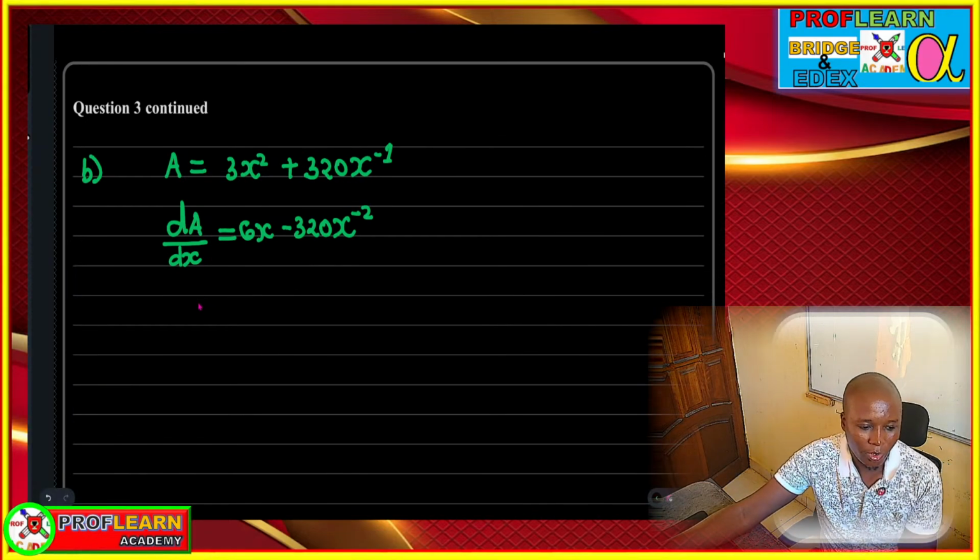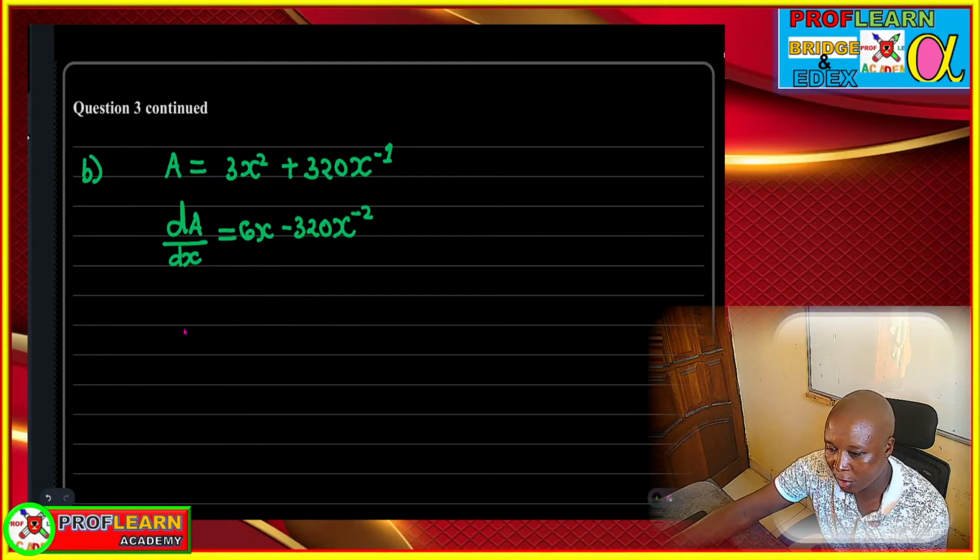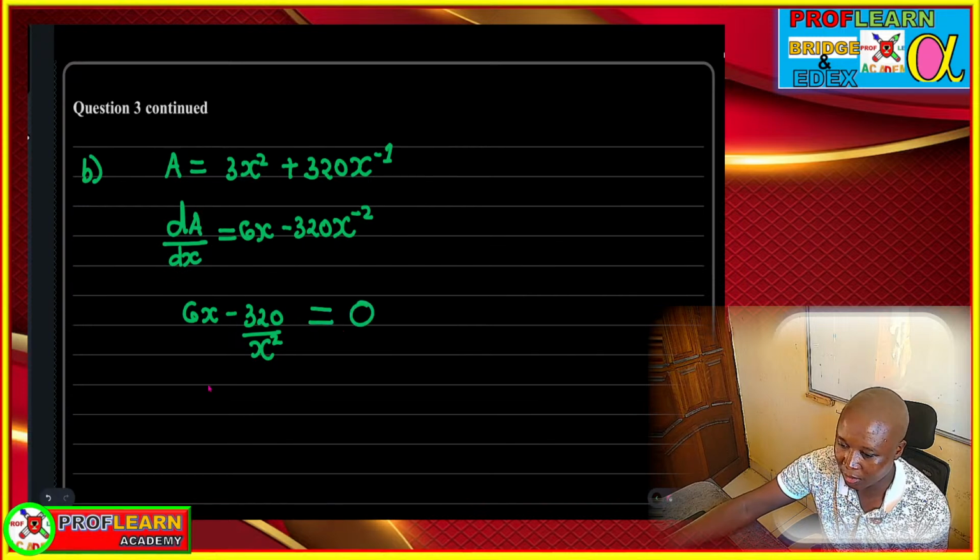At the stationary point dA/dx is 0, so we have 6x minus 320 over x squared equal to 0. I multiply all through by x squared.